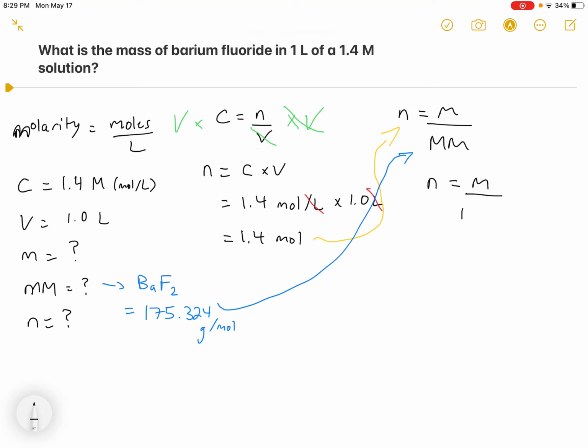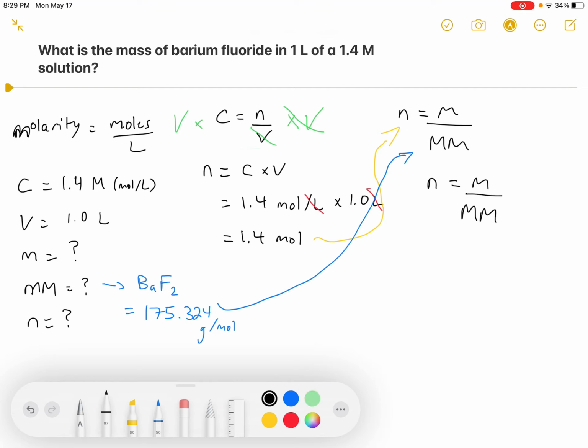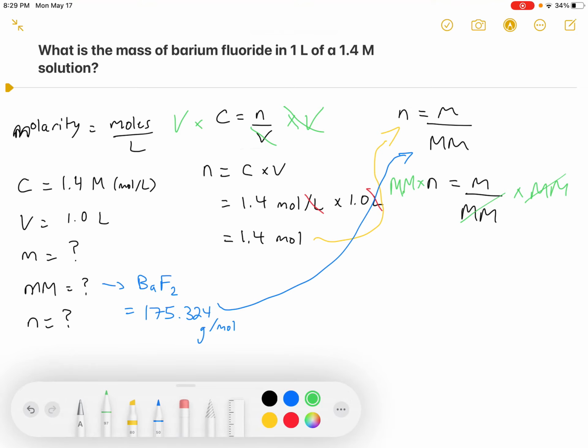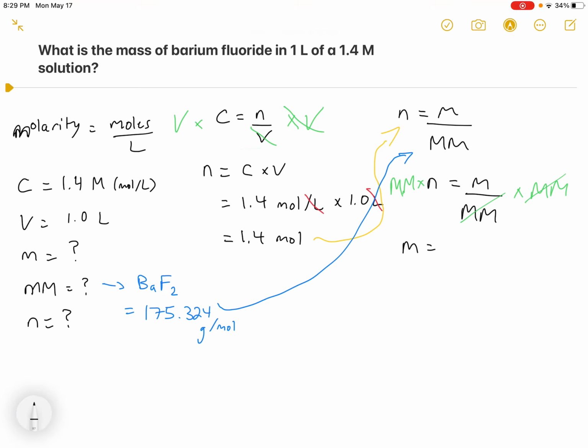So n equals m over MM. And again, we want to isolate mass on one side, so I'm going to multiply both sides of the equation by the molar mass, which gives you mass equals moles times molar mass, or 1.4 moles times 175.324 grams per mole. Notice how I didn't round too much there.